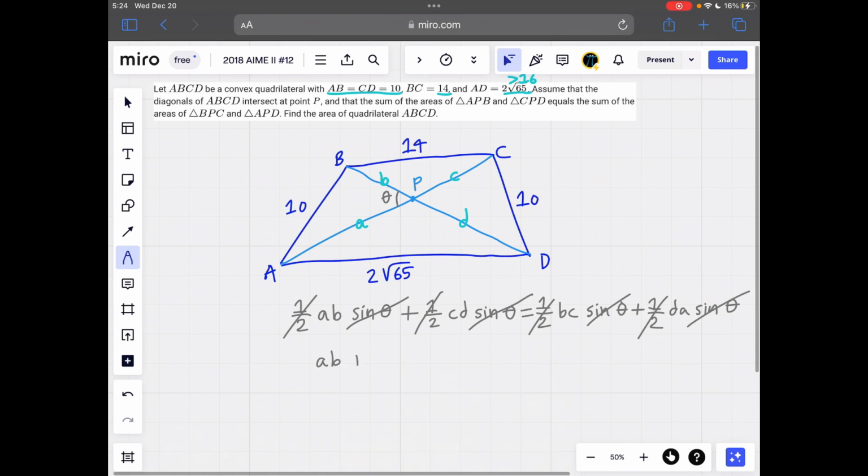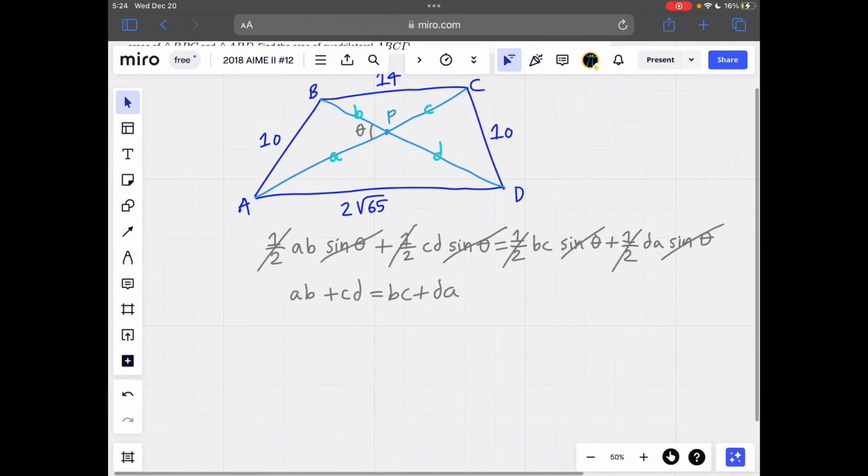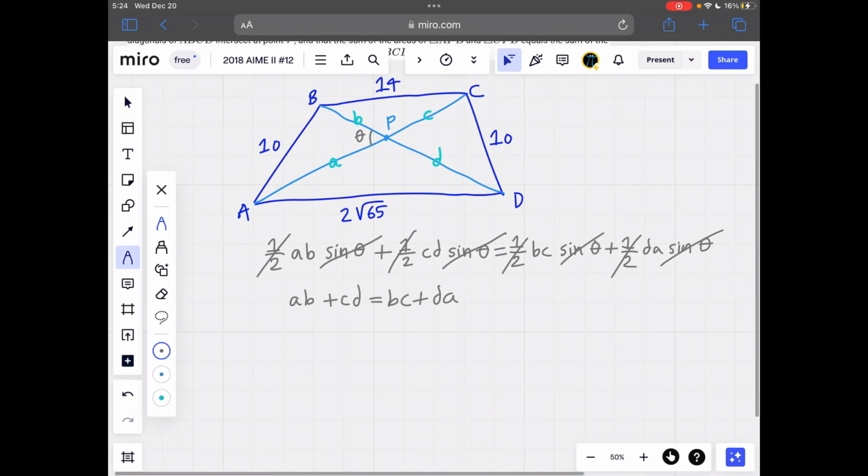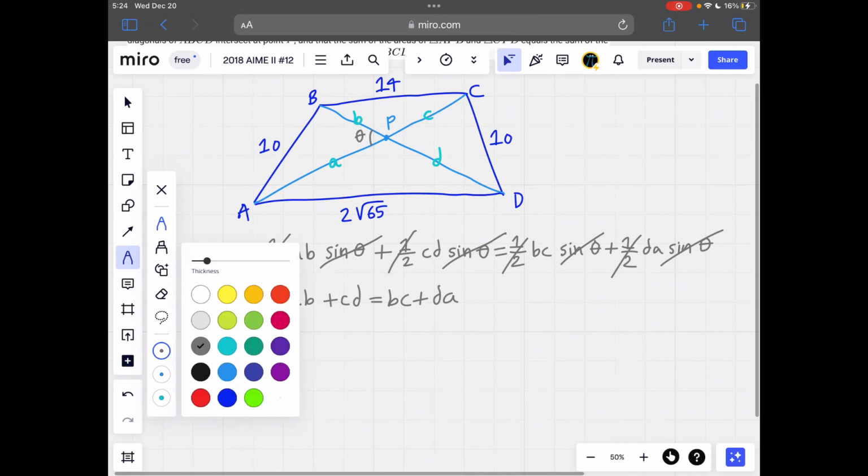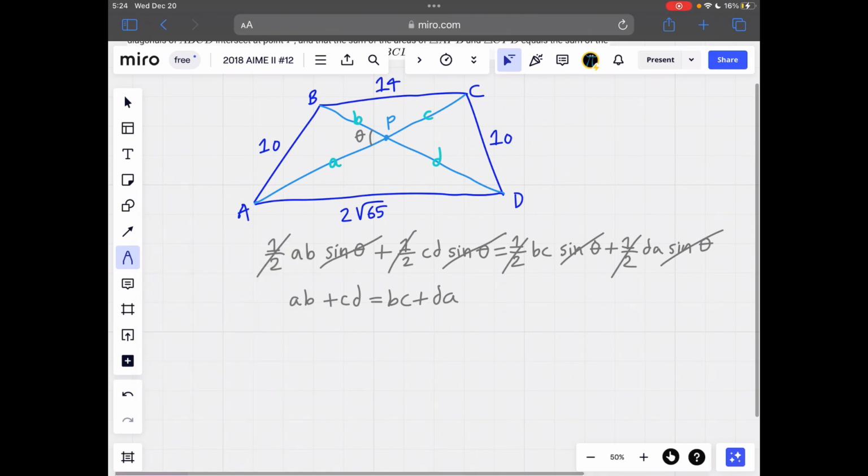We get ab plus cd equals bc plus da. That's the condition that needs to be satisfied for the area condition to work in quadrilateral ABCD. We can rewrite this as ab plus cd minus bc minus da equals 0.